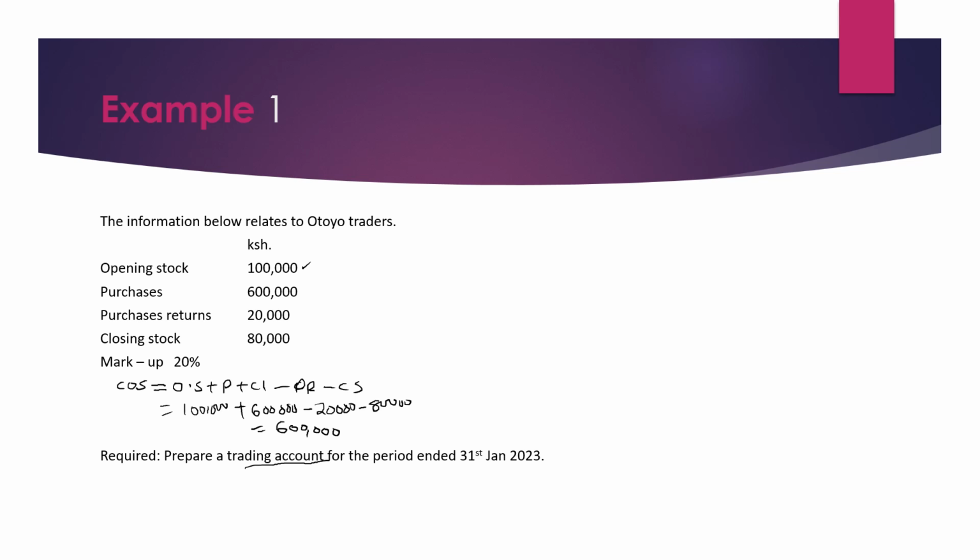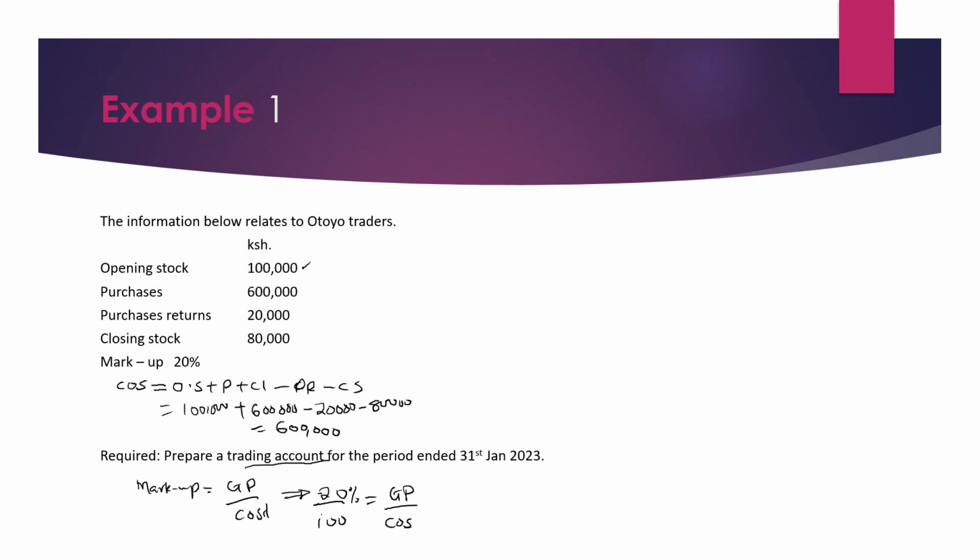And since we have got the markup, I think we can do it. It is easier because markup, from whatever we've discussed, is the ratio of the gross profit to the cost of sales. So as a percentage, this implies that 20 over 100 is equal to the gross profit over the cost of sales.